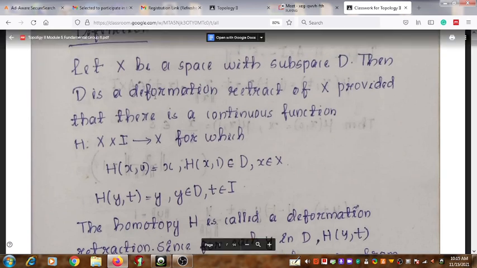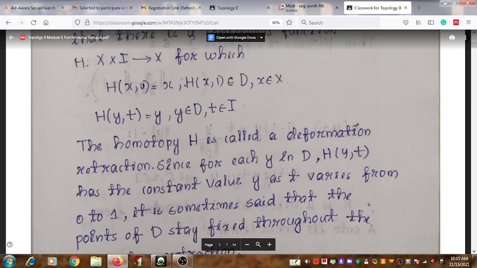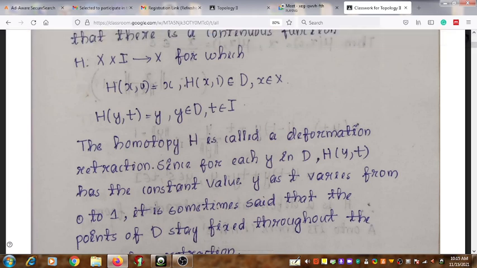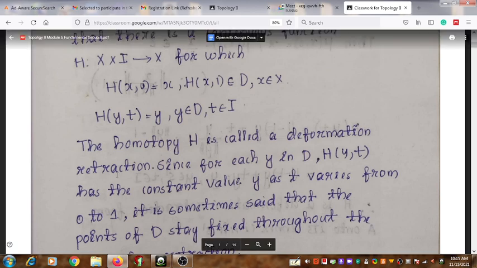And D is called the deformation retract of X. The subspace D is called the deformation retract of X, and the homotopy that is acting behind the production of the deformation retract is called the deformation retraction.